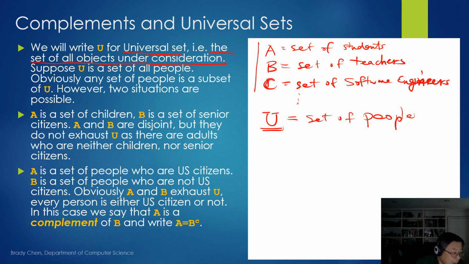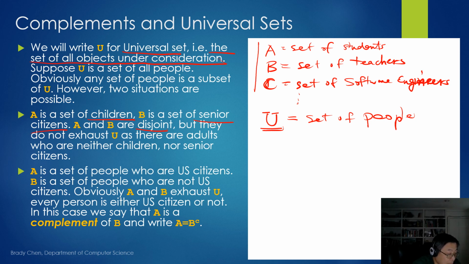Okay. Another example: if A is a set of children and B is a set of senior citizens, then A and B are disjoint, right? You cannot have an element which belongs to both A and B. If a person is a child, then that person cannot be a senior citizen, and vice versa.